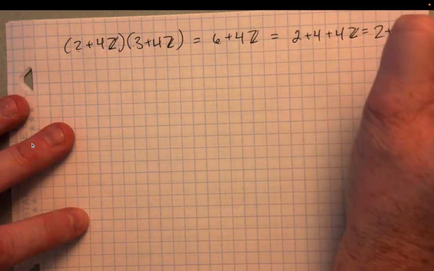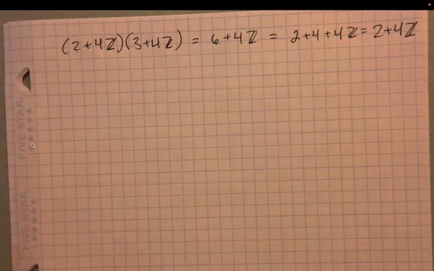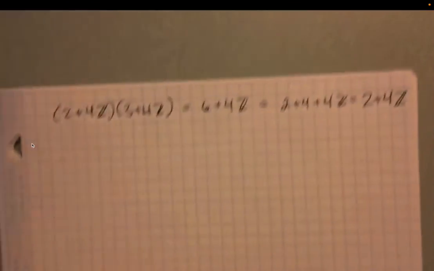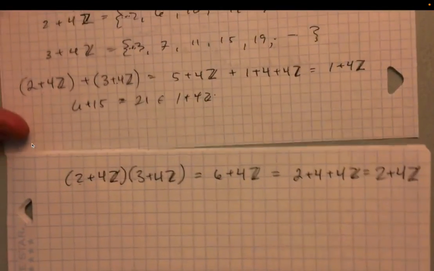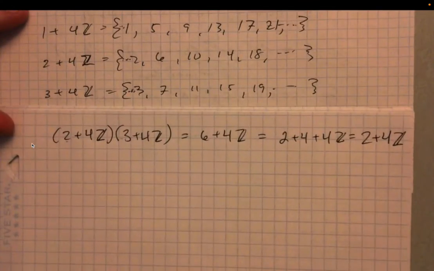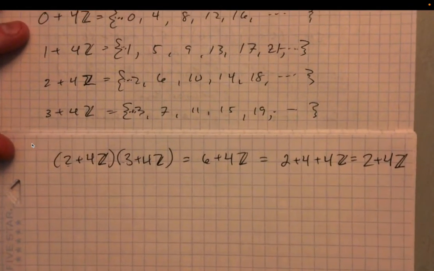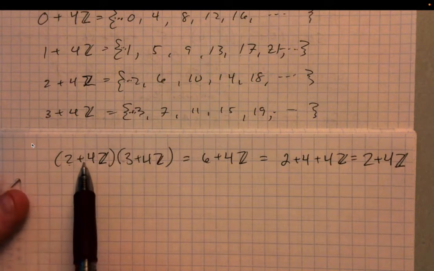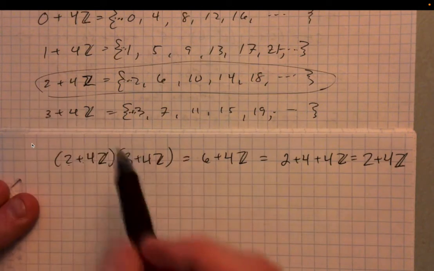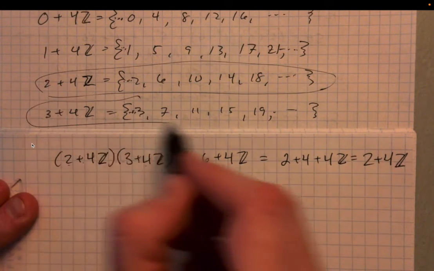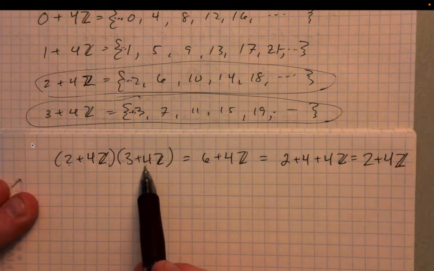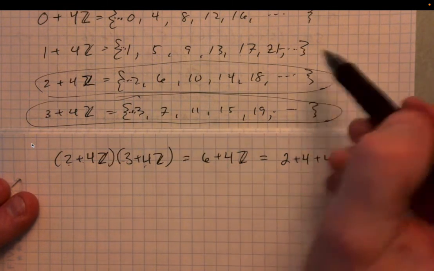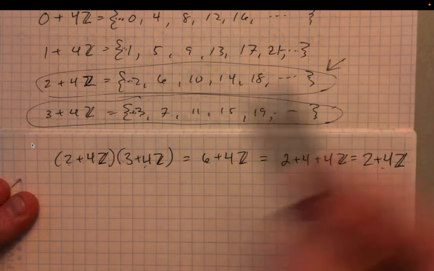And so 2 plus 4Z is really the key here. And so what that means is when I multiply things in this coset against things in this coset, I end up in this one.